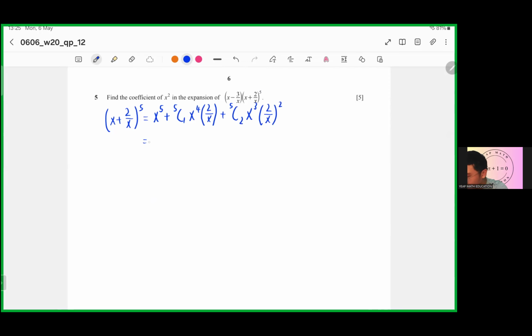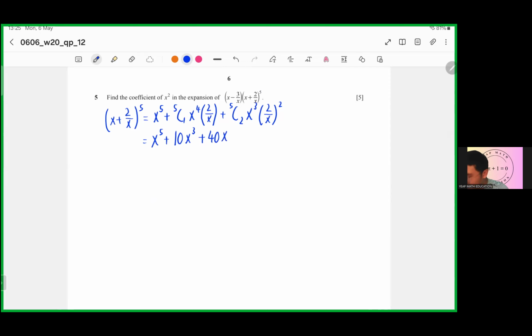I just find the 3 terms only. So I get 10x to the power 3 and then plus 40x, x only. I hope you guys can understand.